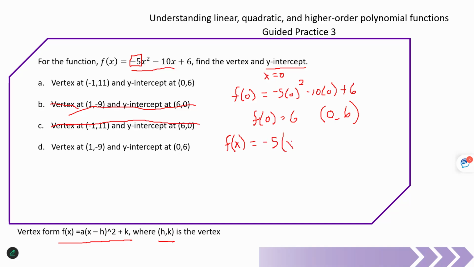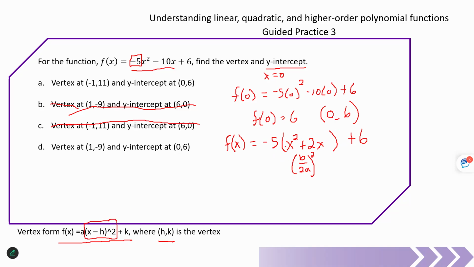That's going to give me x squared plus 2x plus 6. Okay, so all I've done here is just factored out the -5. Now we need to complete the square. Remember, the complete the square is b over 2a squared. That completes the square so that it will factor into a perfect square, which is this portion here.